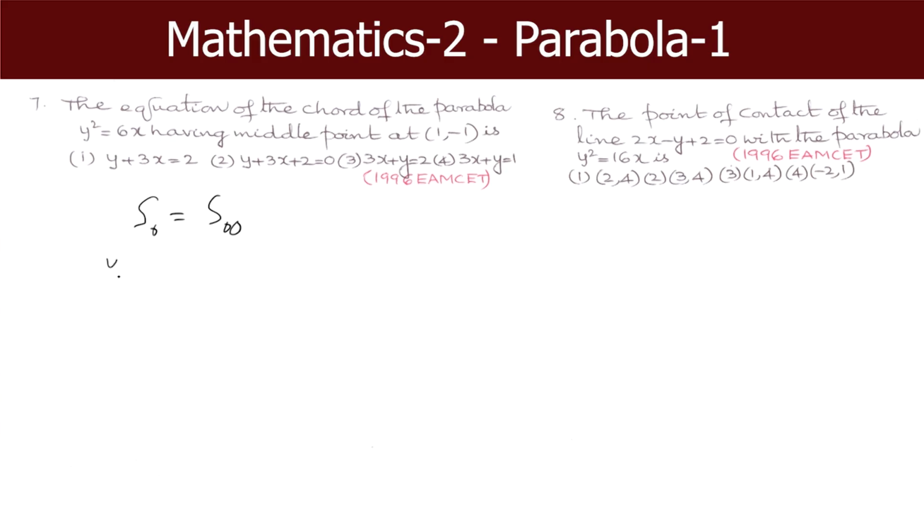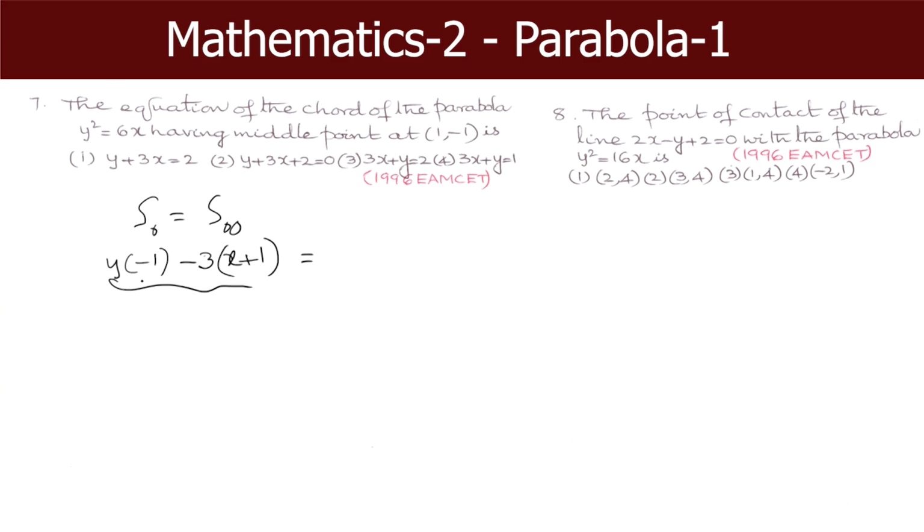S1 is y into y0. y0 is minus 1, minus 2a times, that is 3 times, x plus x0, x plus 1 is equal to S11. y0 is minus 1. y square minus 6x, 3 into 2x, 2x is x plus x1.